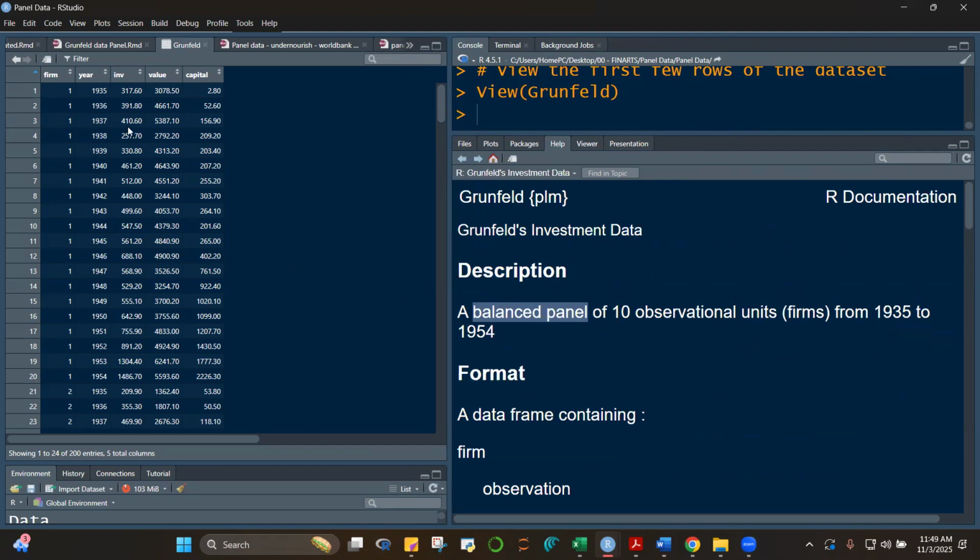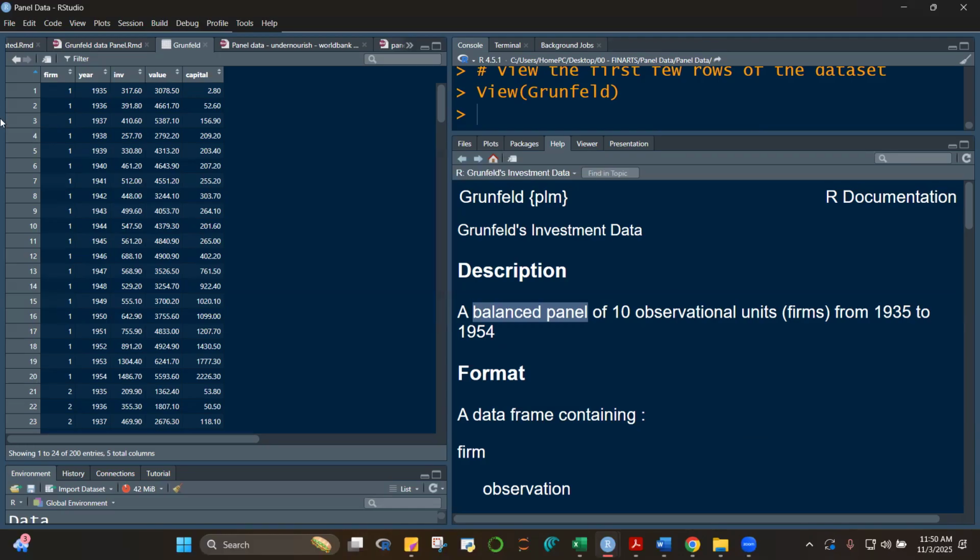If you take a look at the year here, class, 1935 up to 1954. This is actual data. So that's firm one. When you say balanced panel, class, it means that all the units are present across all the periods.